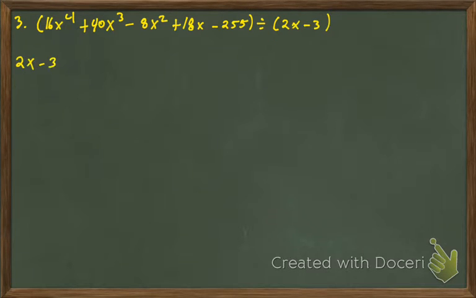Okay, so this time we're going to look at 16x to the fourth plus 40x cubed minus 8x squared plus 18x minus 255. I'm going to divide that by 2x minus 3, and we'll go ahead and set up our divisor and our dividend.